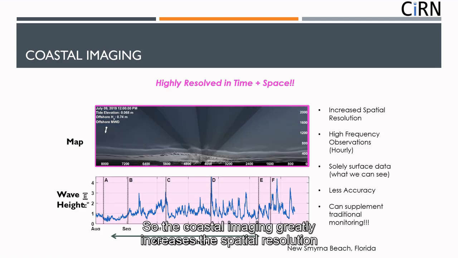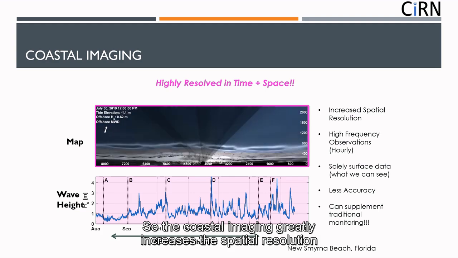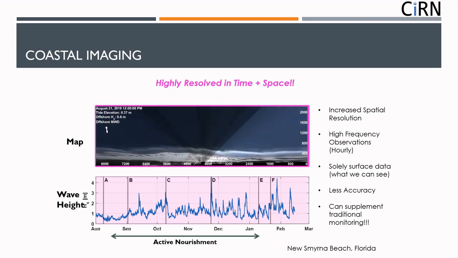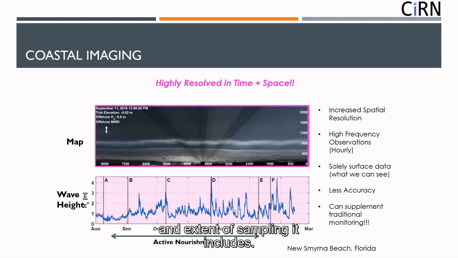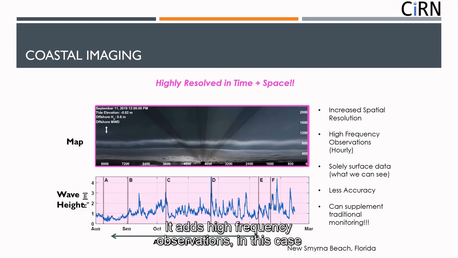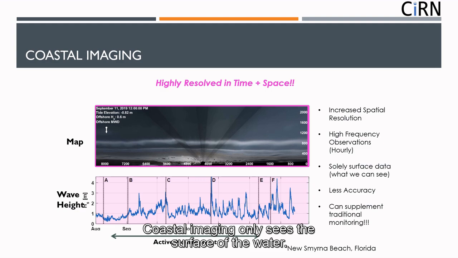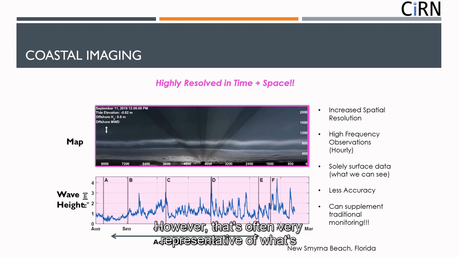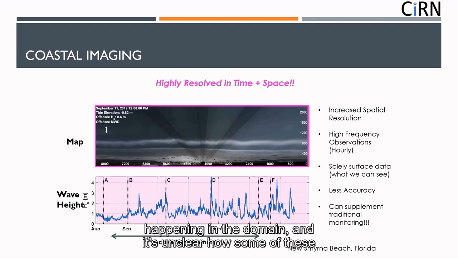So the coastal imaging greatly increases the spatial resolution and extent of sampling. It adds high frequency observations, in this case hourly observations during daytime hours. There are some limitations. Coastal imaging only sees the surface of the water. However, that's often very representative of what's happening in the domain.